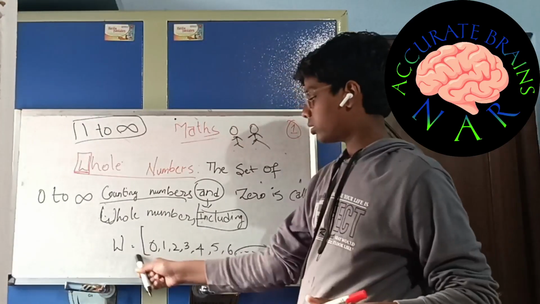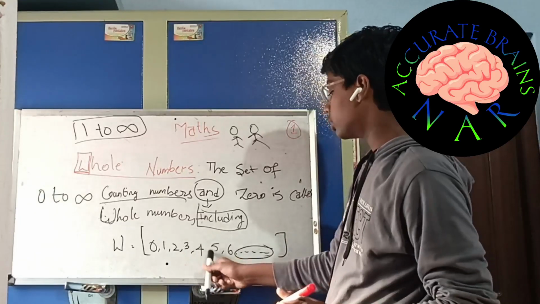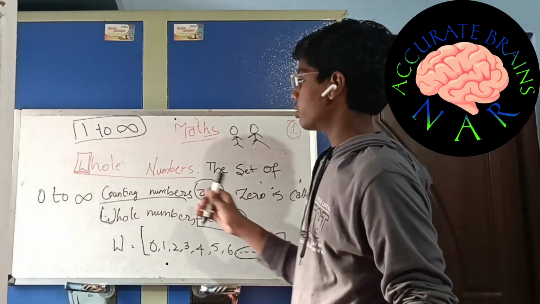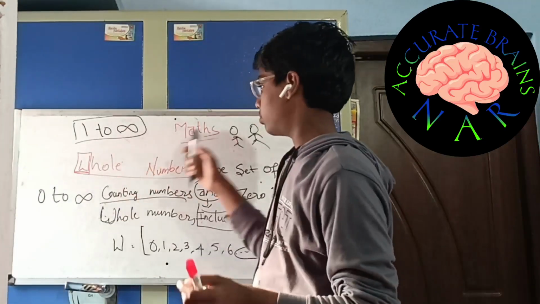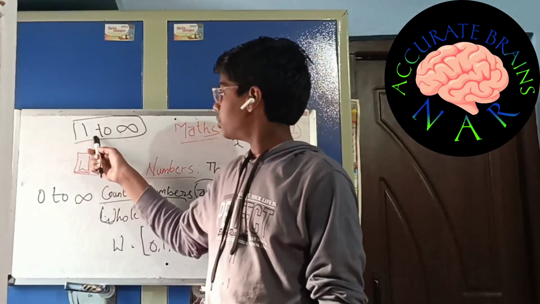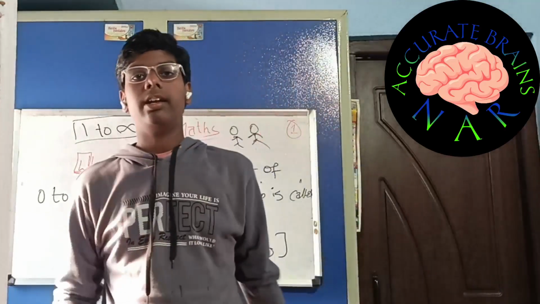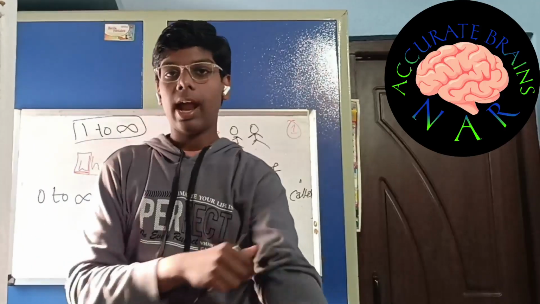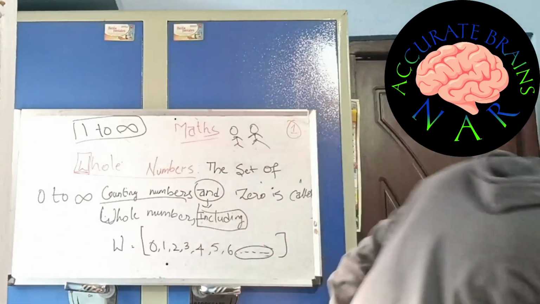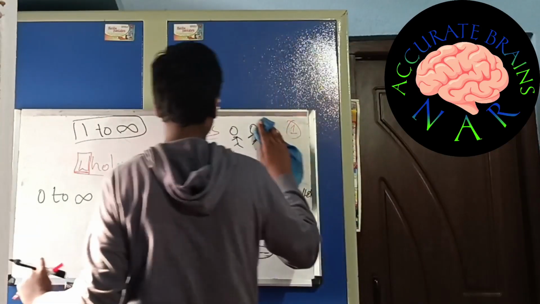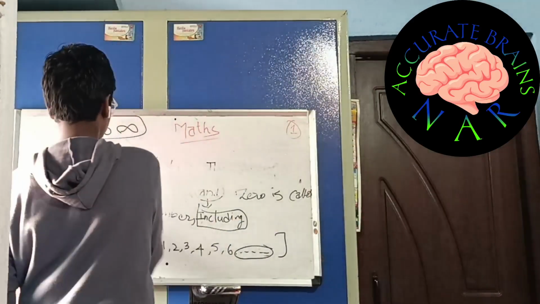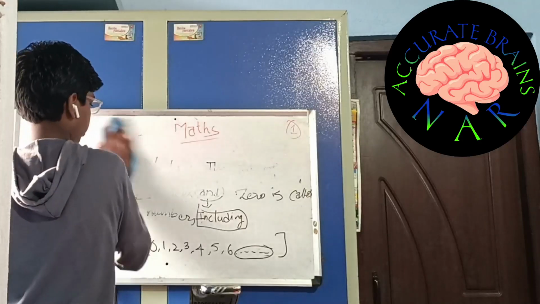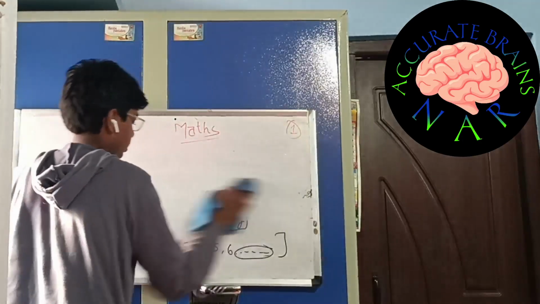Whole numbers start from 0, 1, 2, 3, 4, 5, 6, 7, 8 and go to infinity, but natural numbers start from 1 to infinity. So natural numbers are similar to whole numbers, and here we are going to learn a property. Okay, one second.